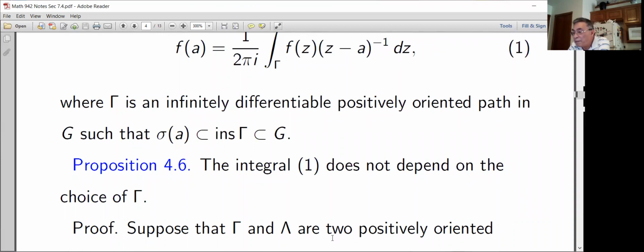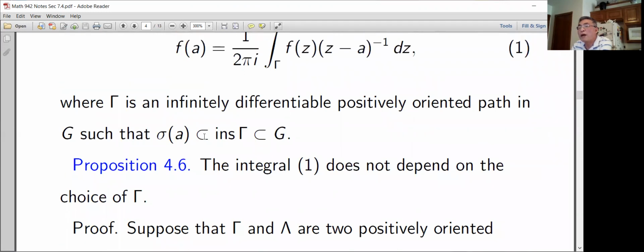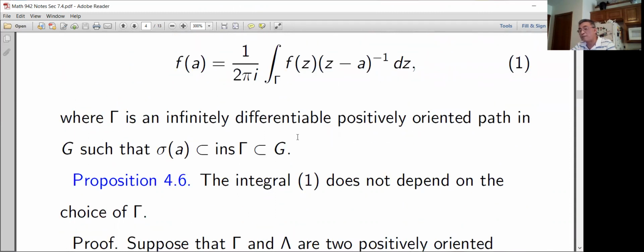Suppose that gamma and lambda are two positively oriented paths in G, satisfying sigma of A is contained inside of gamma, and gamma is contained in G, and the same thing is true for lambda. We would like to show that the integral is the same for gamma and lambda.